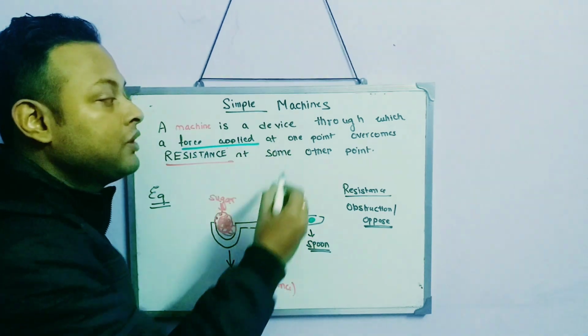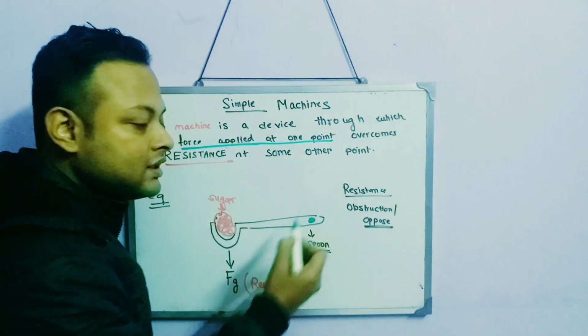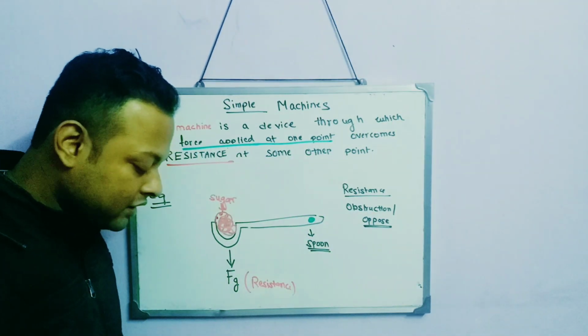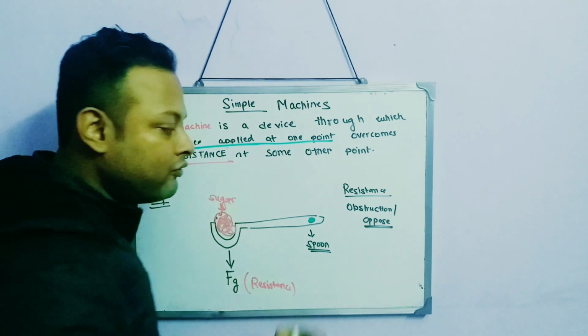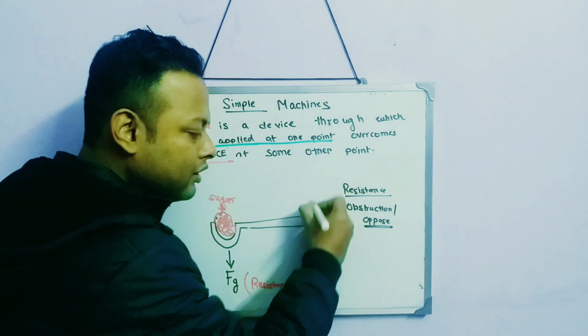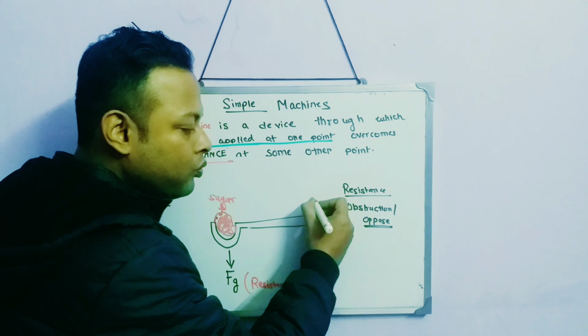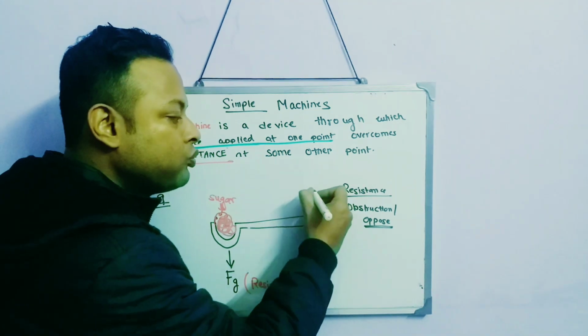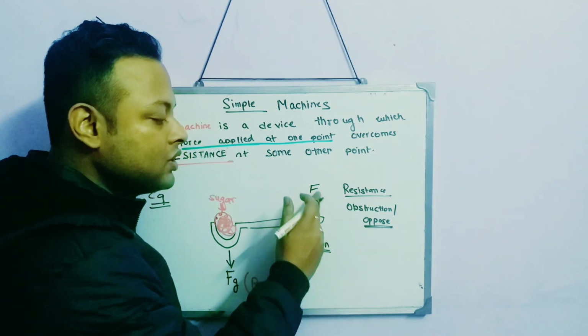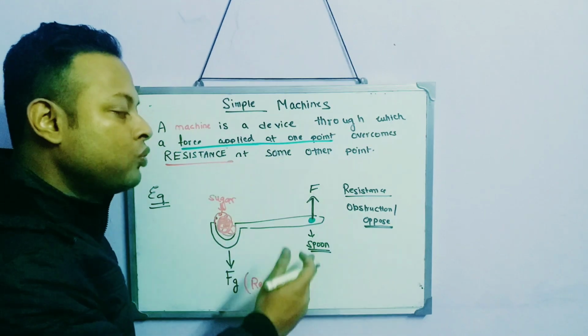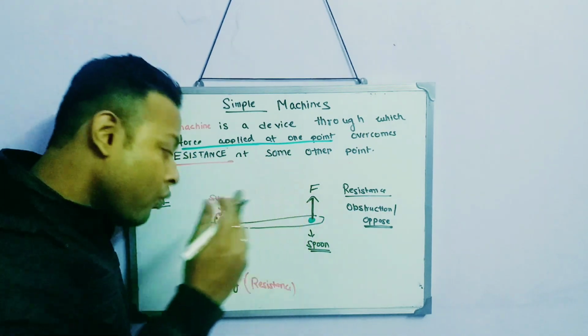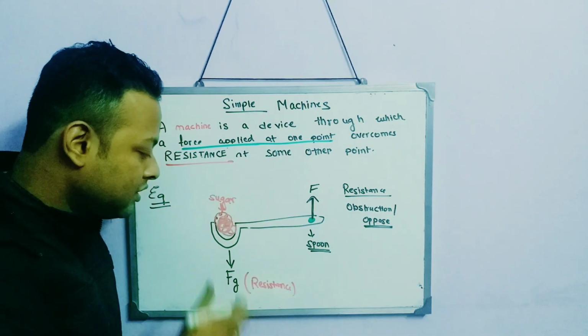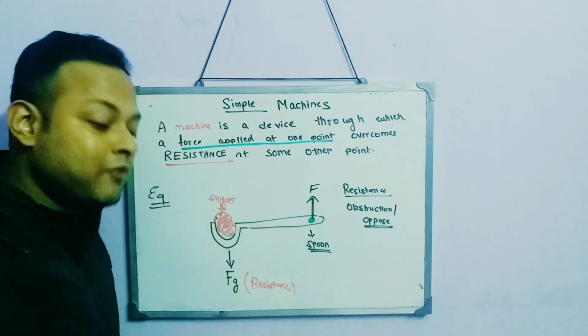So force applied at one point, in the upward direction, will overcome the resistance at some other point.